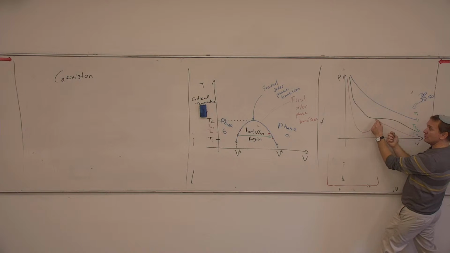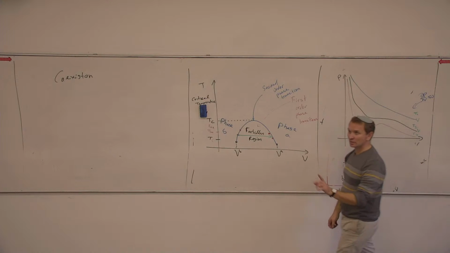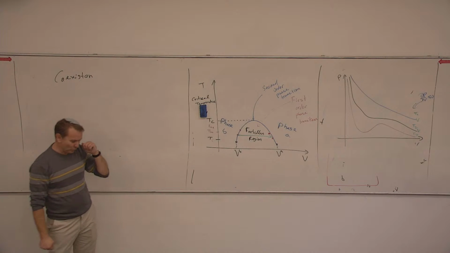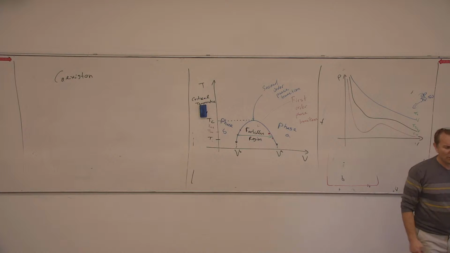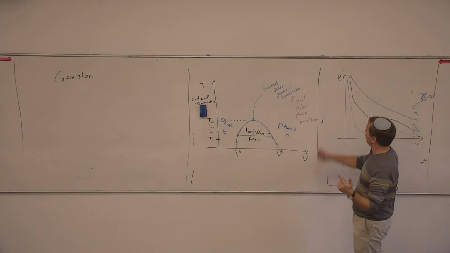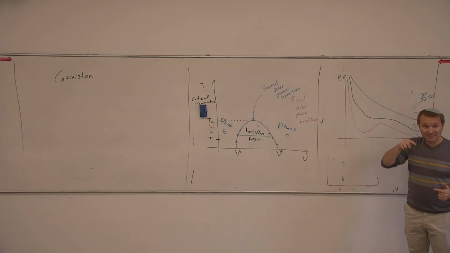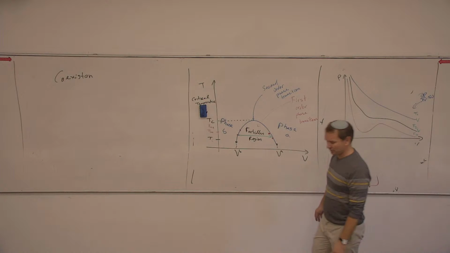And this is the critical temperature. I need to require that there is only one extremum point where the derivative vanishes, and that the second derivative vanishes too. Exactly. So you need the following condition: there is only one point for which the first derivative of P with respect to V equals 0, and at exactly the same point, the second derivative also equals 0.